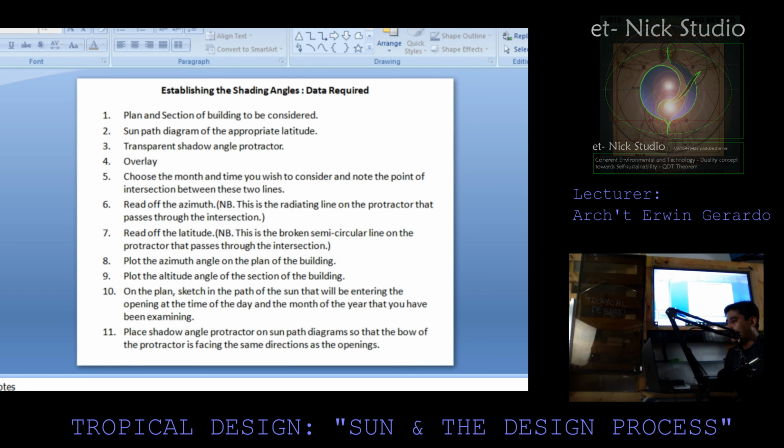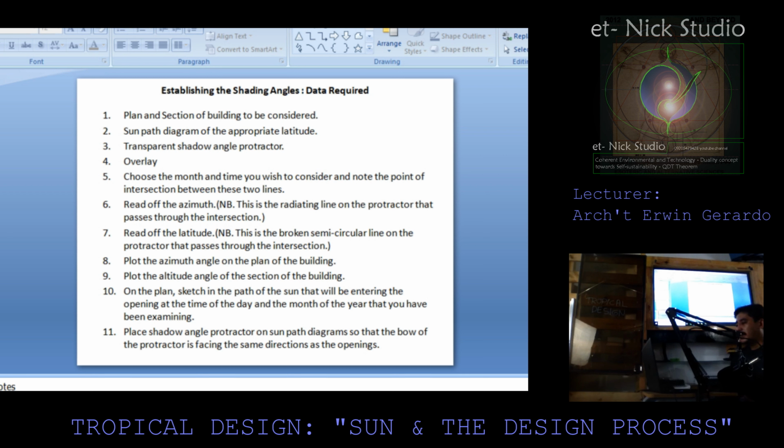Number five is choose the month and the time you wish to consider and note the point of intersection between these two lines. Number six, read off the azimuth. So take note, this is the radiating line on the protractor that passes through the intersection.